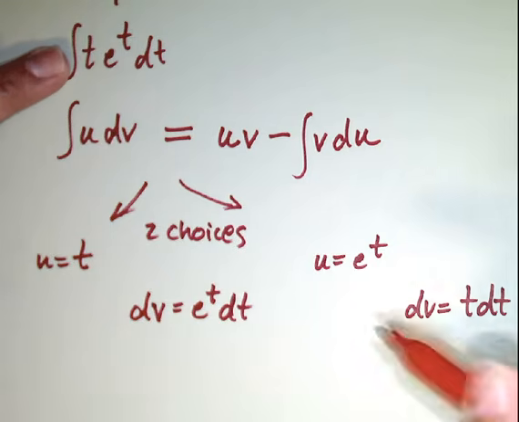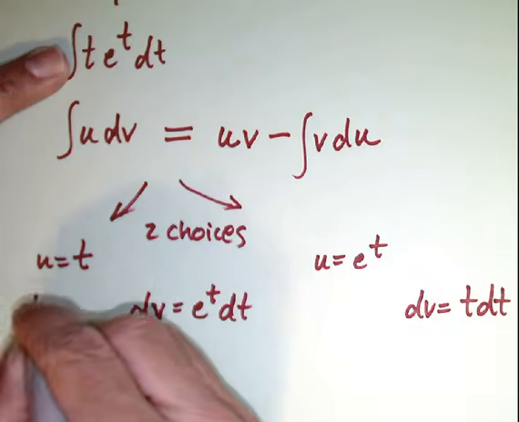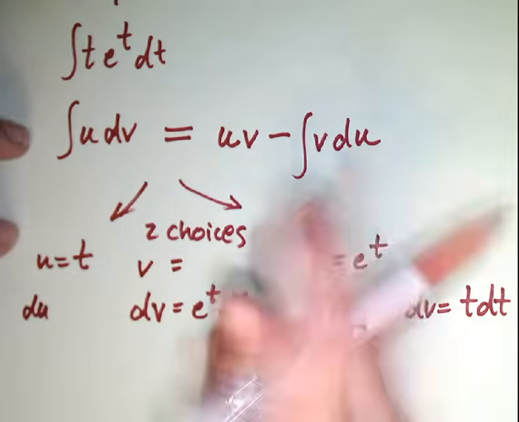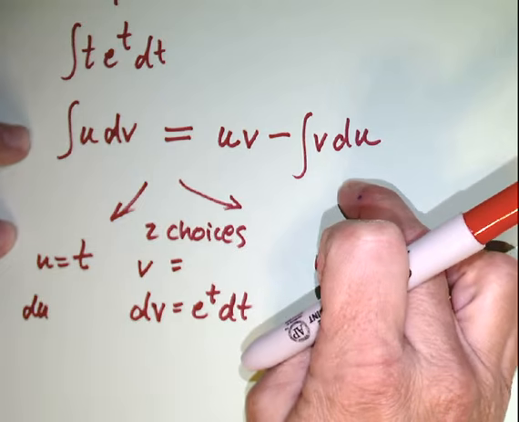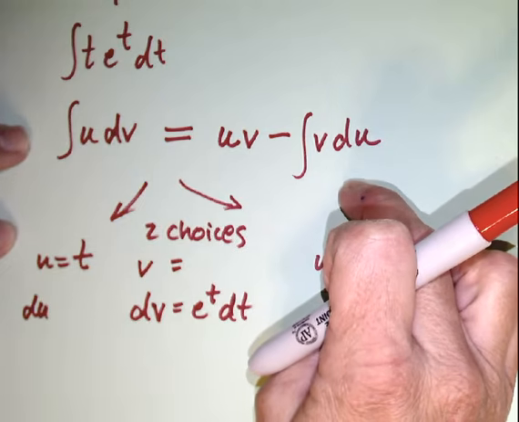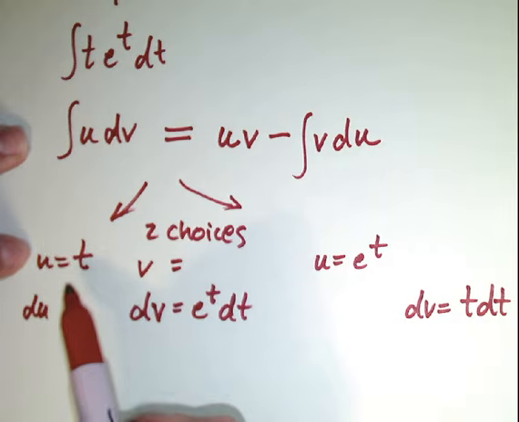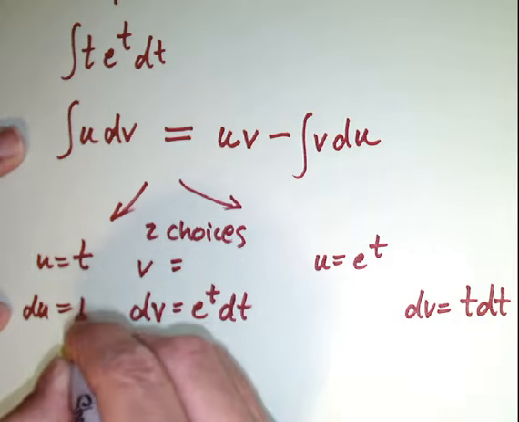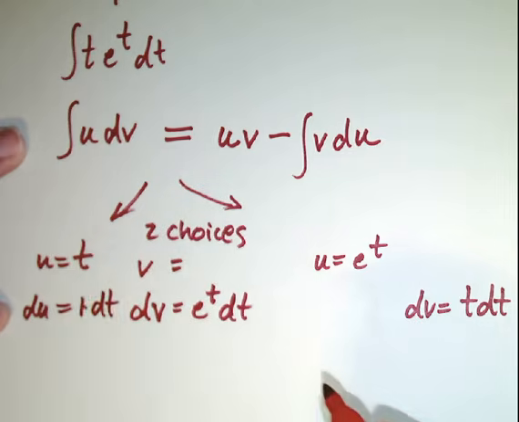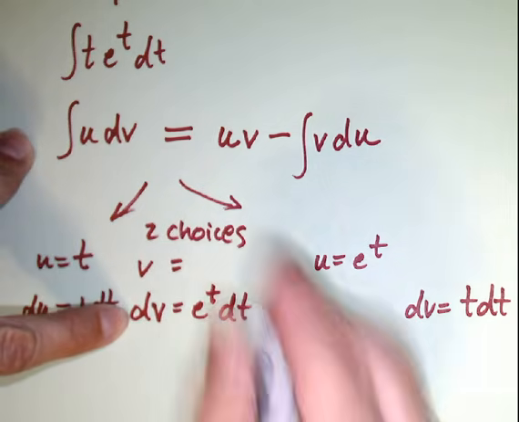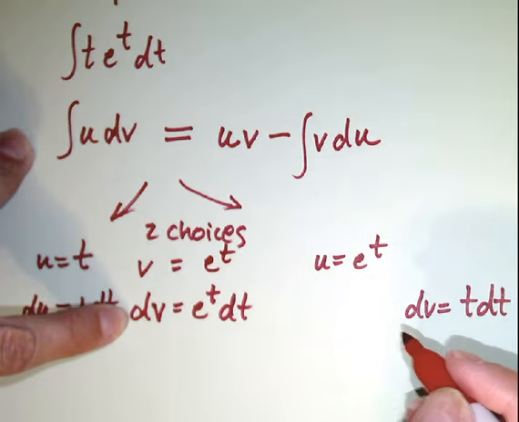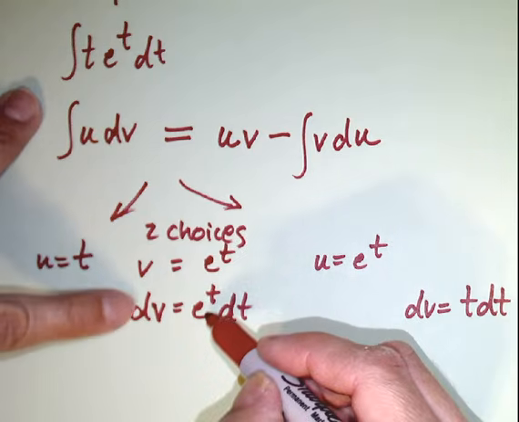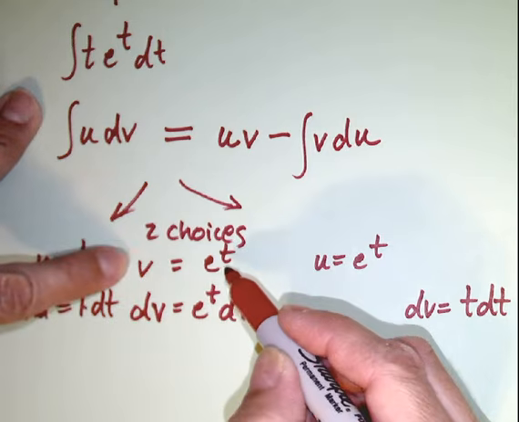Now, hopefully the choices that we pick will make our new integral easier, so we'd like to go in a positive direction. If I take the derivative of t, I'm going to get 1 dt. And if I integrate e to the t dt, I'm going to get e to the t. When I integrate e to the t and get e to the t, I don't make it any worse.